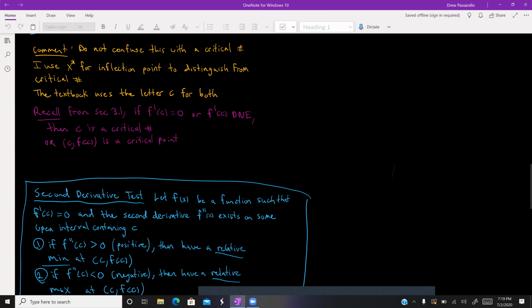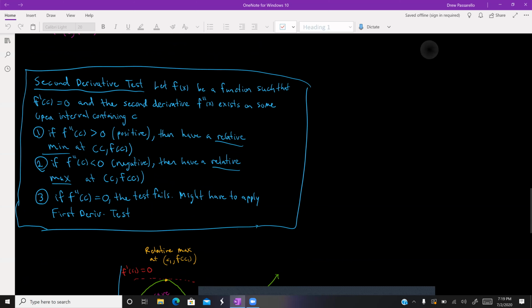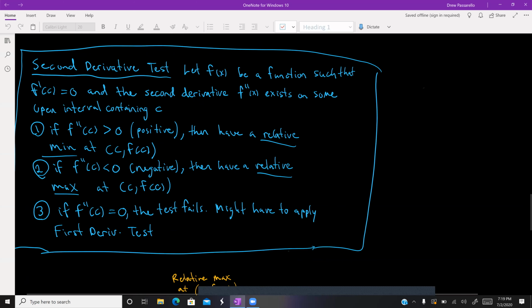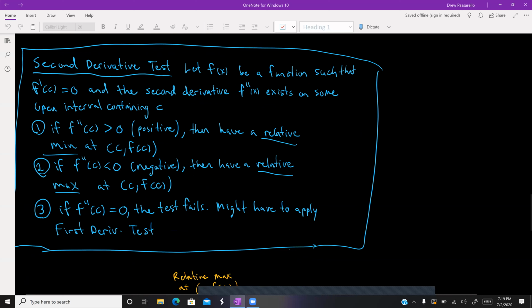So this leads to the last theorem, or idea, for this section. It's the second derivative test. And it says that you have a function f of x such that its first derivative at c equals 0, and the second derivative of the function exists on some open interval containing c.